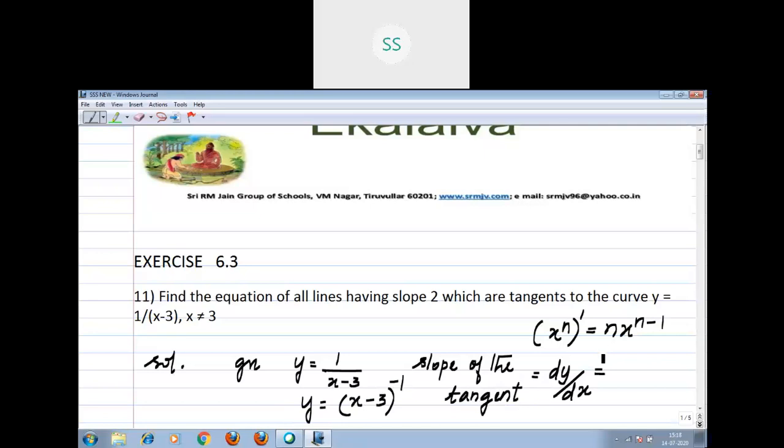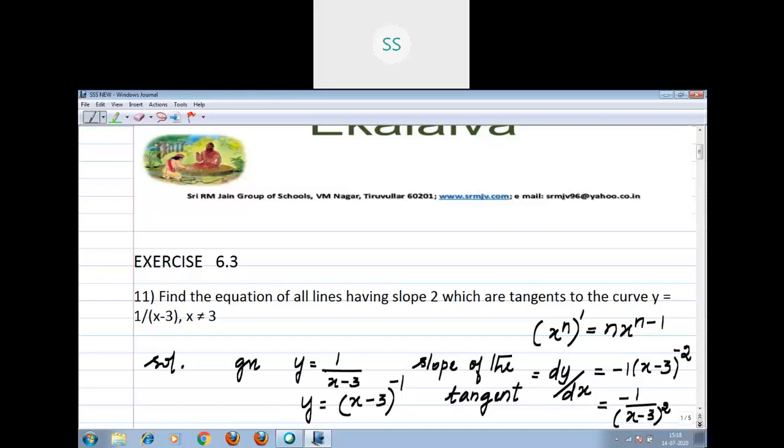Now differentiate. Your n is minus 1. So minus 1 into x minus 3, the whole power minus 2, which is equal to minus 1 by x minus 3 the whole square.